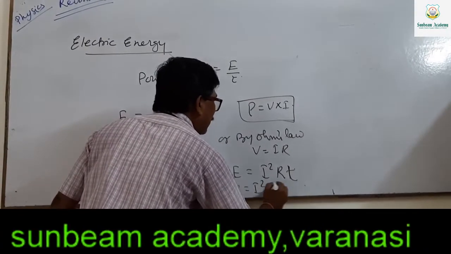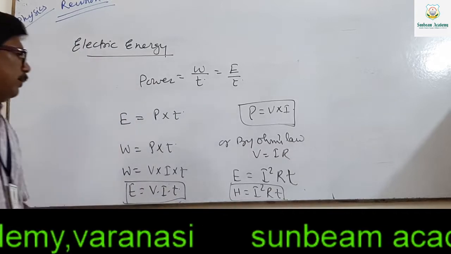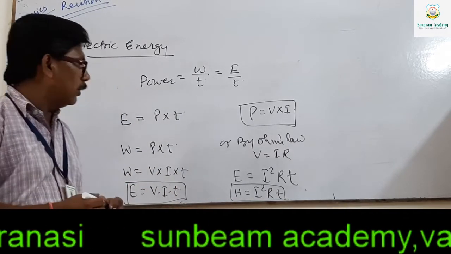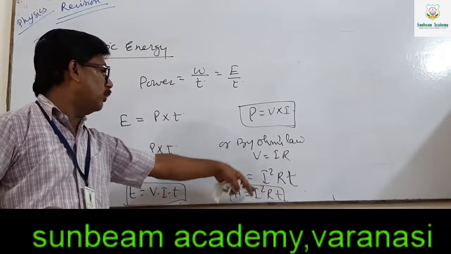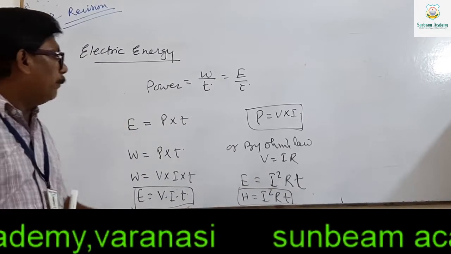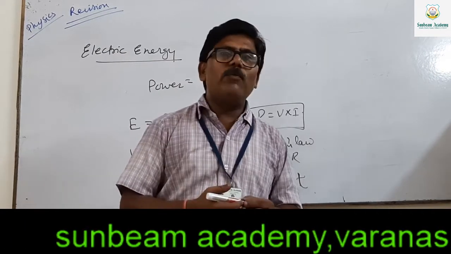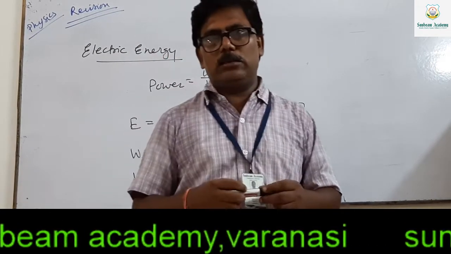So then see, here the electrical energy has come as what? The heating effect of electric current, that is H is equal to I square RT, that is Joule's law of heating effect, which you have already studied. So electrical energy gives the idea of the heating effect of electric current.